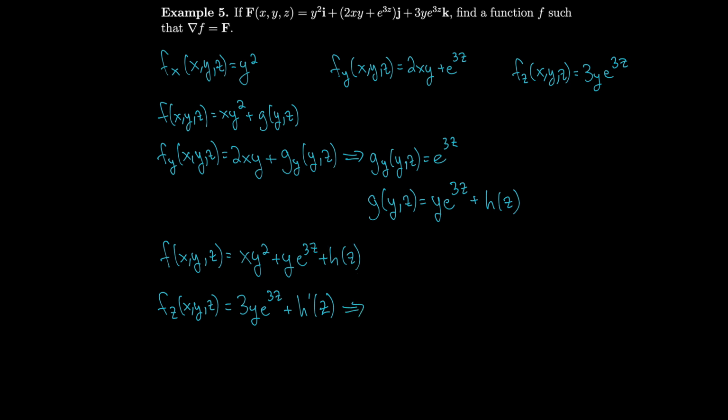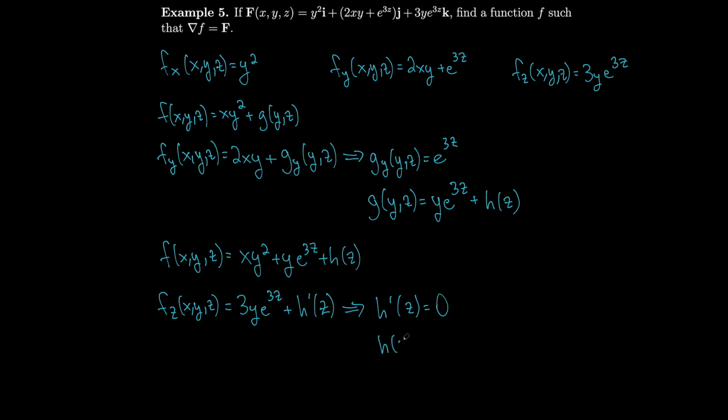Okay, so this is awesome because notice we have 3y e to the 3z equal to this partial. There is nothing extra. So that means this thing must be 0. So we don't have to worry about it that much. We have h prime of z equal to 0.